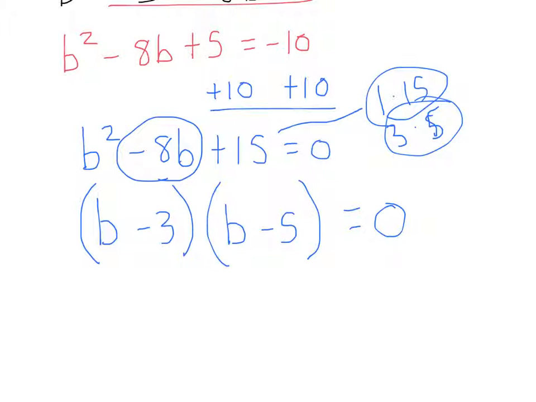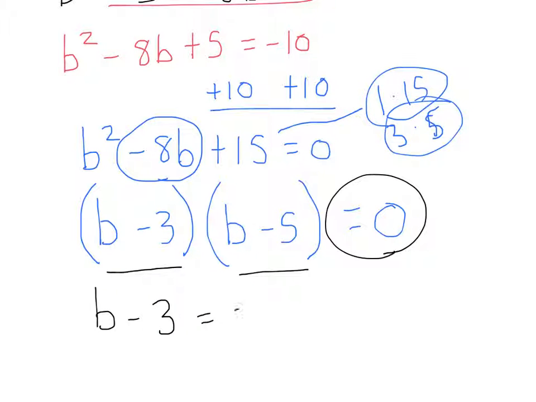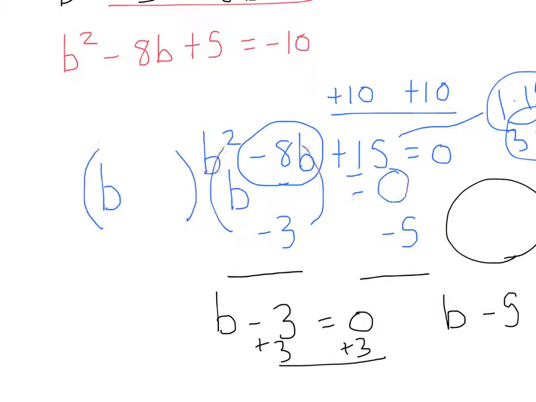What do I need to do now? Right. I need to set each of these binomials equal to 0. So I've got b minus 3 equals 0, and b minus 5 equals 0, right? Now, if I add 3 on both sides here, what do I get?